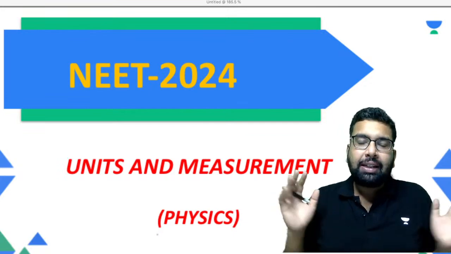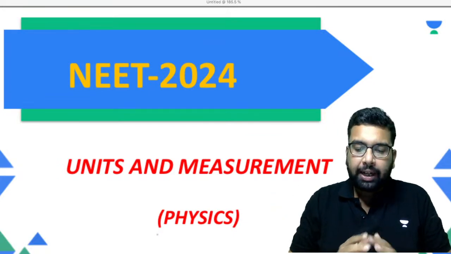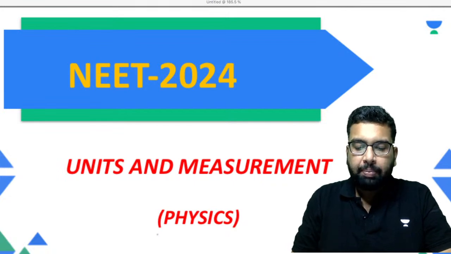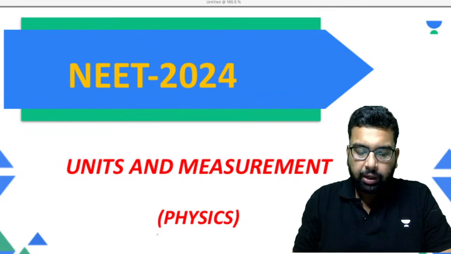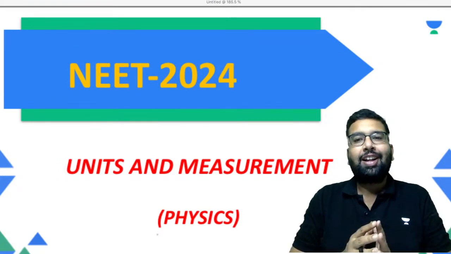Guys, this is the series in which we are completing our units and measurement chapter, and in this session, we are going to continue from where we left off in the last session.